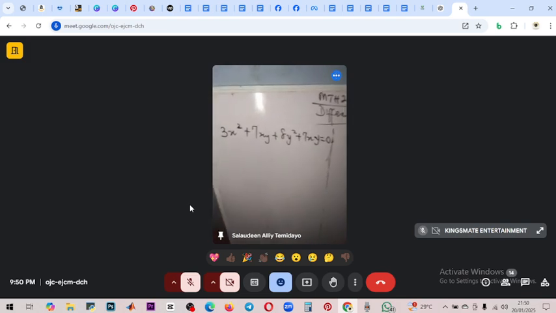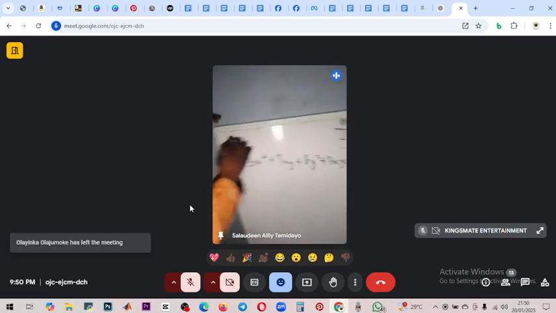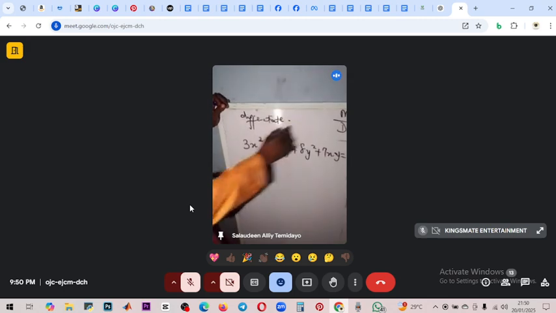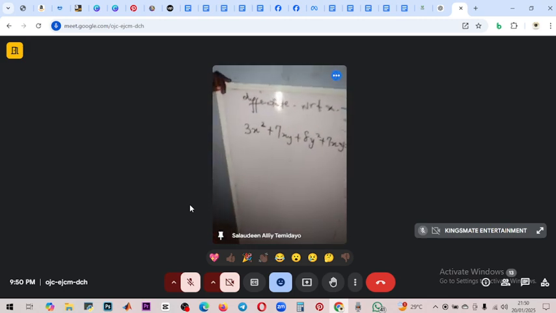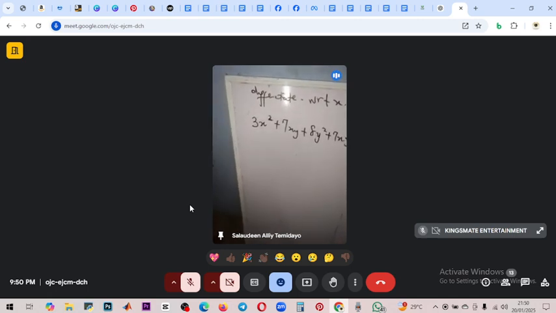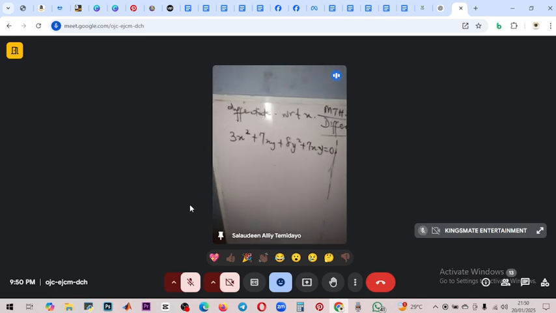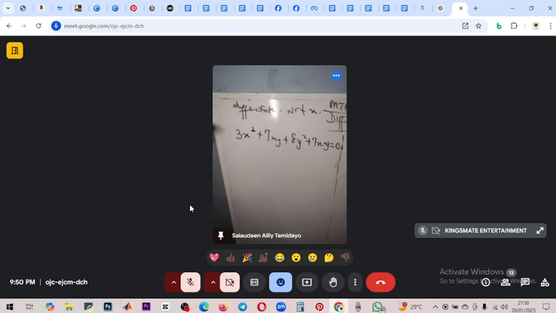This is a relationship now, or some kind of equation. Differentiate with respect to x. That means anything that is different from x here, I'm going to be treating as a constant first. Be with me, I'm still going to explain partial derivative, but let's go small.